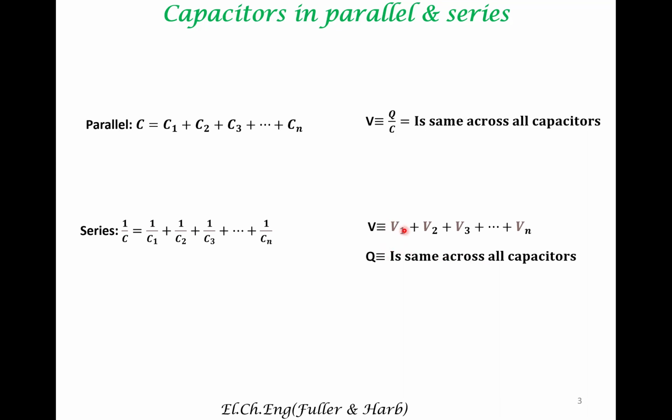And again, once you use this formula, that is voltage is Q, which is the same across all the capacitors, divided by C, in this case, let's say Q divided by C1 plus Q divided by C2, and so on. When you substitute this formula into this formula, you can cancel off Q and you will get this formula. This is the overall capacitance for capacitors that are connected in series.